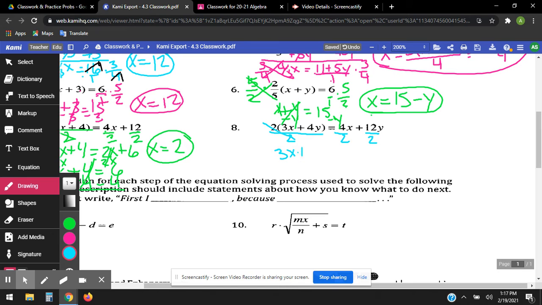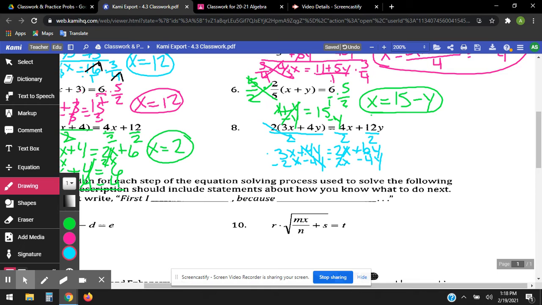So 3x plus 4y equals 2x plus 6y. All right, so now I've got y's and x's on each side. Let's get all the x's to one side, all the y's to the other side. So let's subtract 2x's here. And if you're really good, you can do it all in one shot. Those cancel, so that means I need to get rid of my 4y's, and I can do that in one shot.